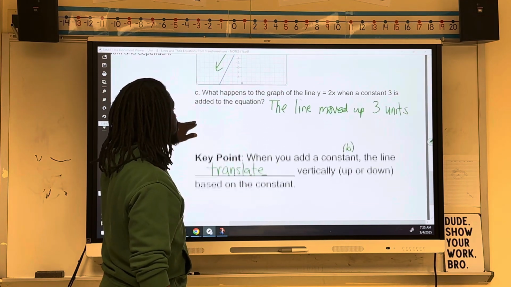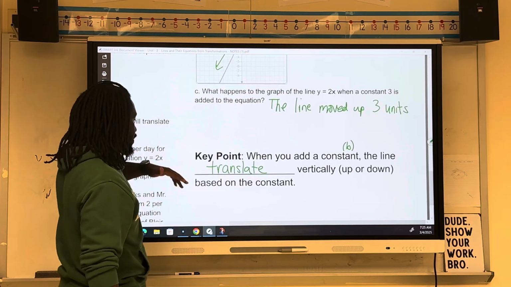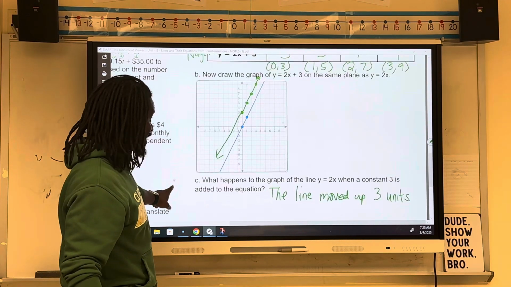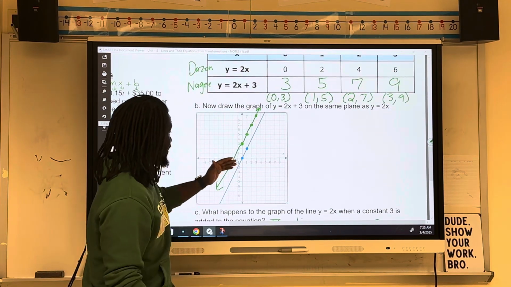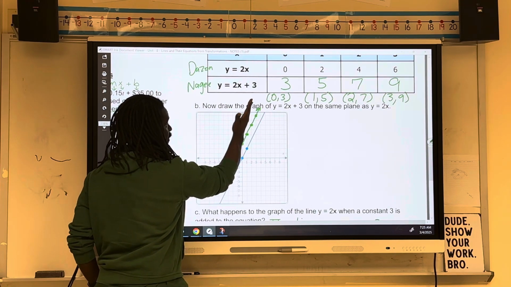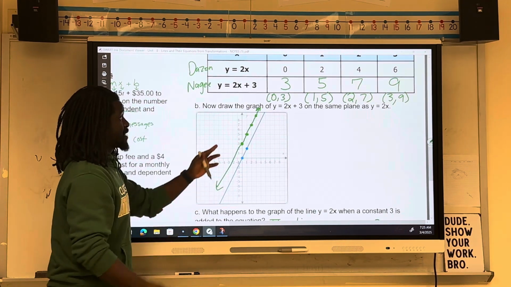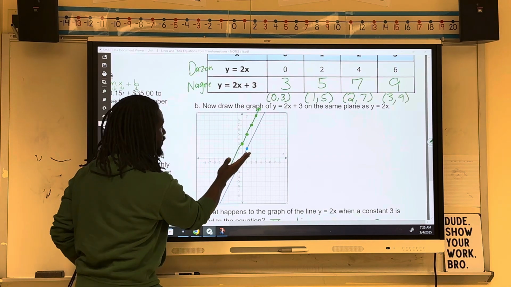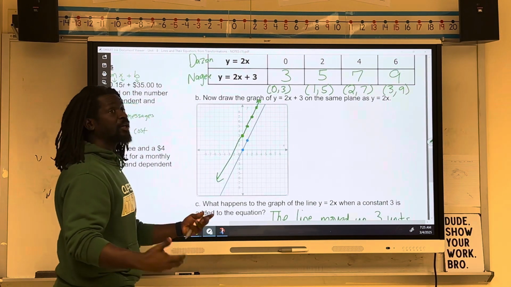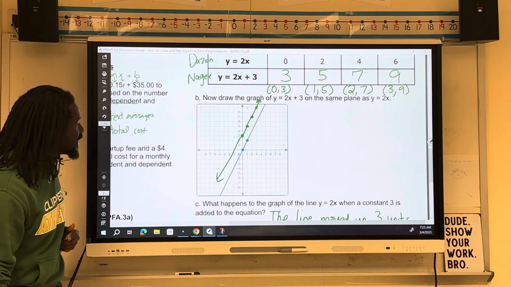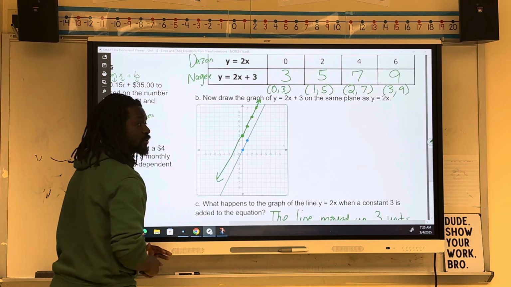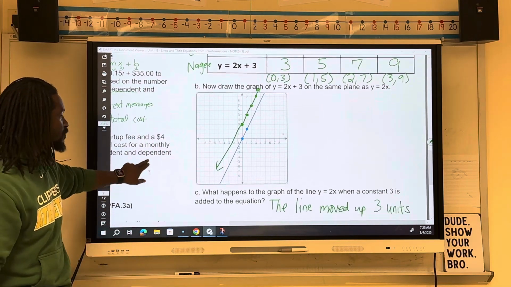It moves along the y-axis, up or down, based on the constant. So because we added a positive 3, it shifted the whole line up 3, okay? If we had added a plus 5, it would have shifted it 5 up. Or imagine it was minus 2. Then that would have shifted it down 2. It would have translated it down 2, okay?